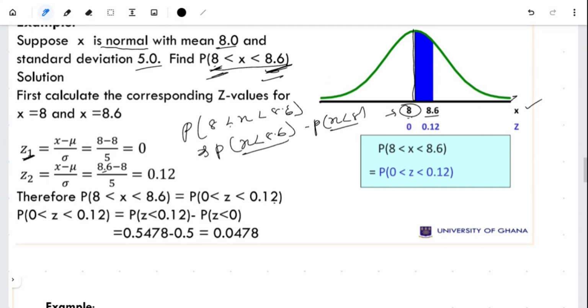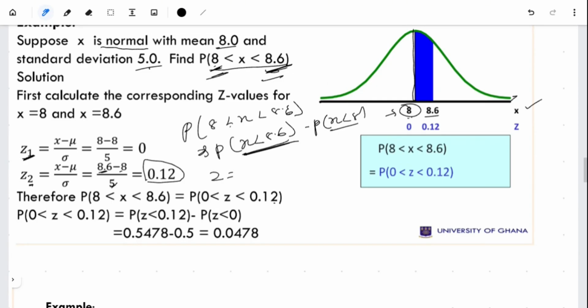So we are working on two things. First, finding the probability that X is less than 8.6. Here is our x value, 8.6, minus our mean, which is 8, all over our standard deviation, which was 5. When you solve this, you get 0.12, and this is the z value, not the probability.